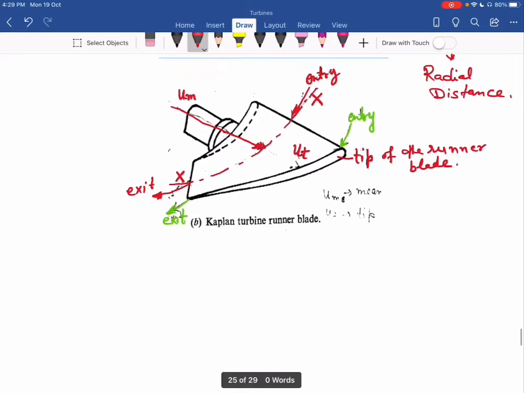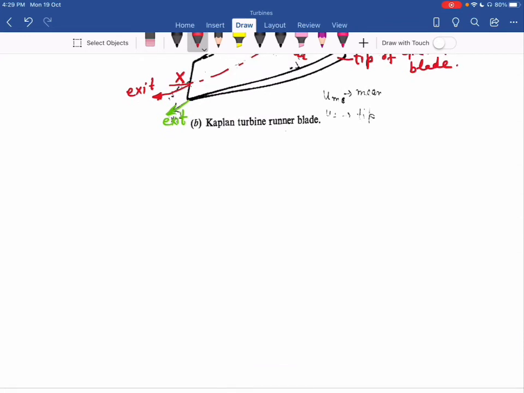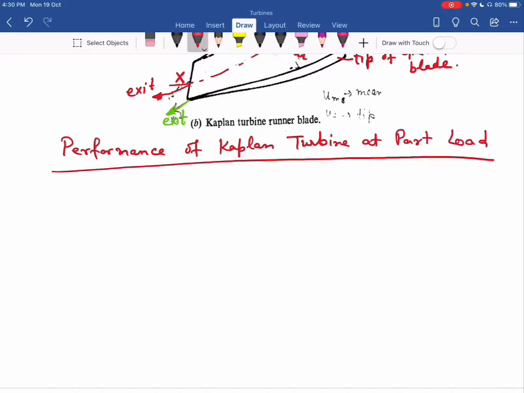Okay, now next is the performance of Kaplan turbine at part load. Now the meaning of this term part load: any turbine I can design for one particular design load.